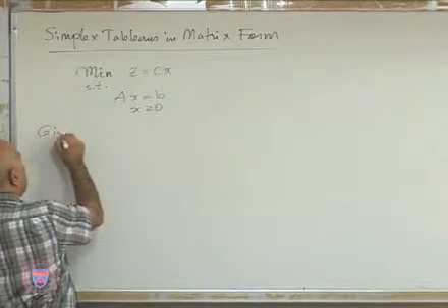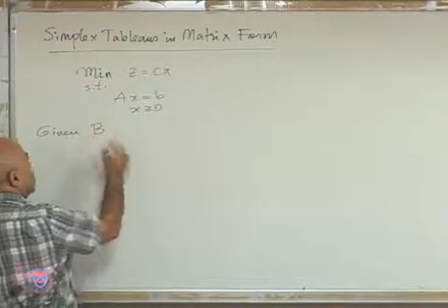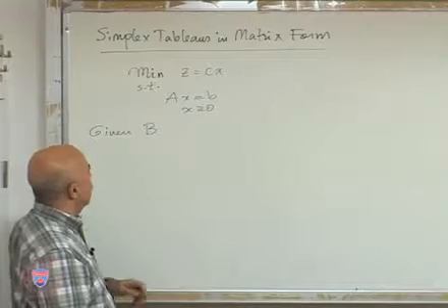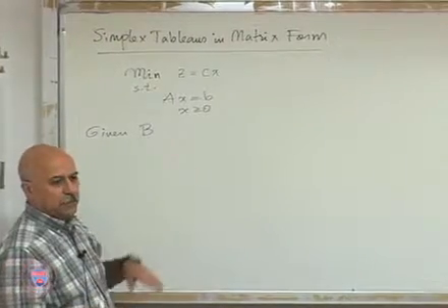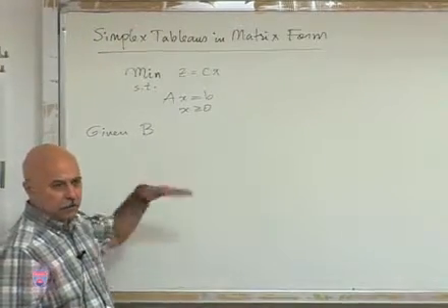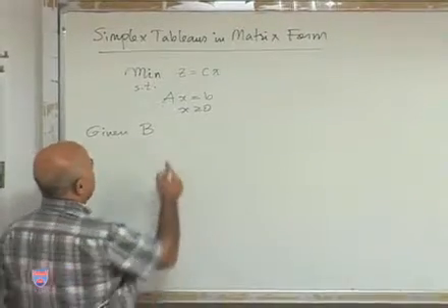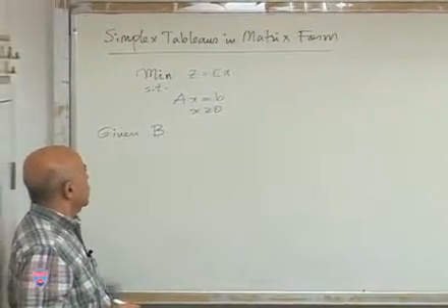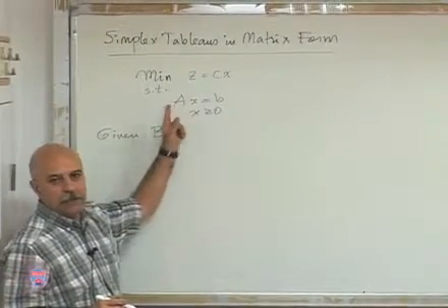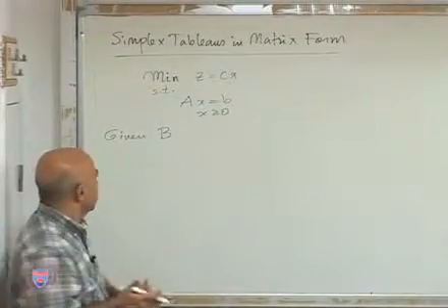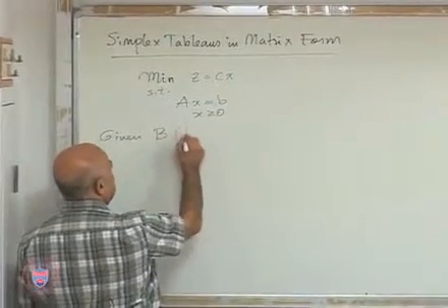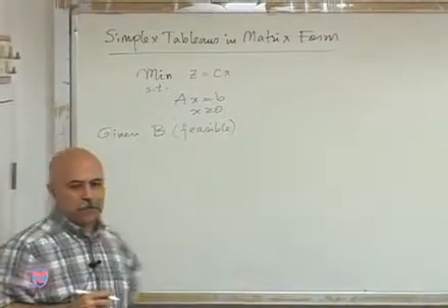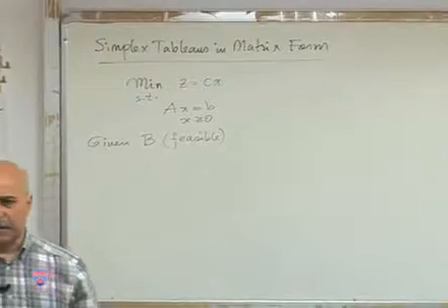And we assume, given a basis B, the rank of the A matrix is the row rank. It's M. So all the other information that I gave you earlier continue to hold. And so B is an M by M matrix consisting of some M linearly independent columns of the A matrix. Okay? And we assume it's feasible, meaning that the basic feasible solution induced by it is non-negative.